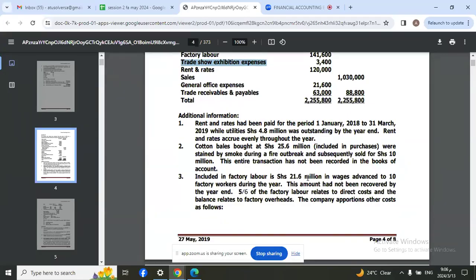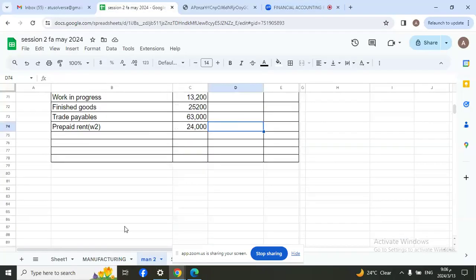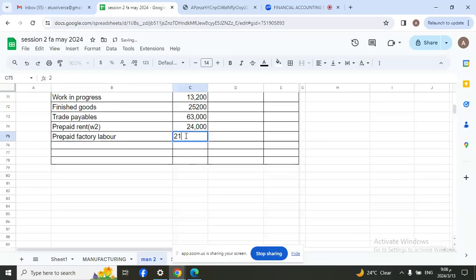Included in factory labor is 21.6, which factory labor guys have not worked for. So also it is prepaid factory labor. It is how much? 21,600.